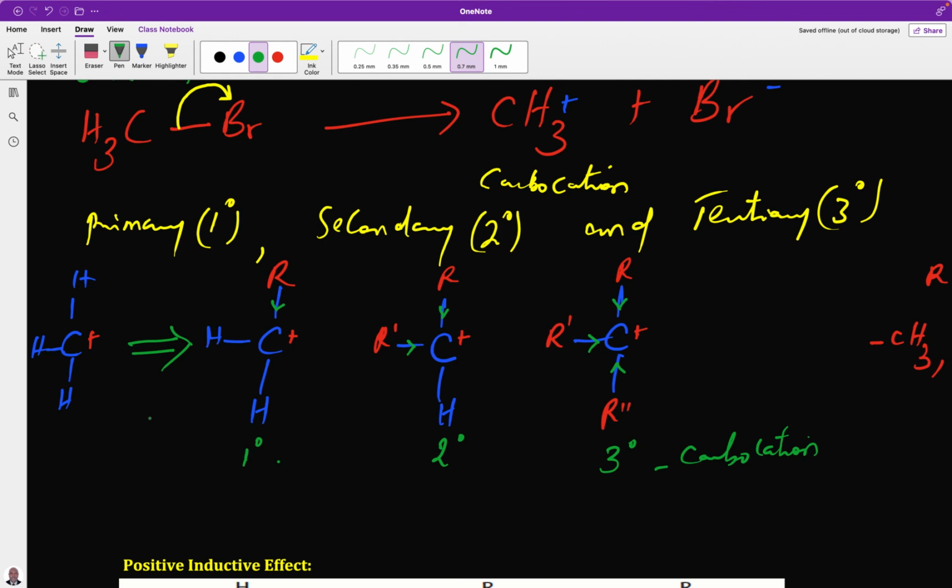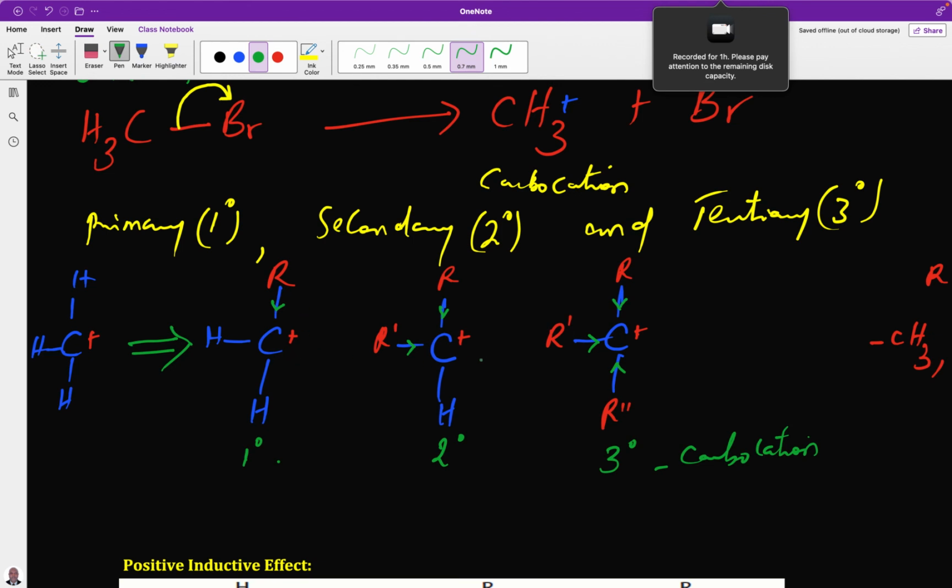As they tend to push electrons towards the positively charged carbon, they help to neutralize the high density of the positive charge there. For that reason, when many alkyl groups are donating electrons to the positively charged carbon, they help to reduce the charge density on the carbon atom, making it energetically stable.